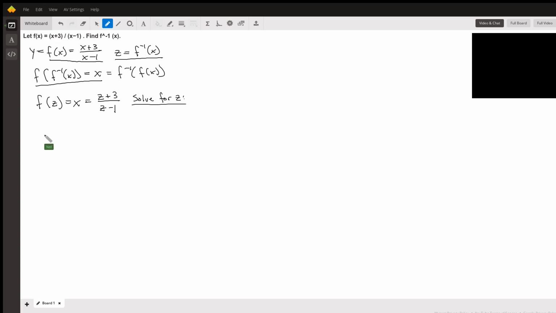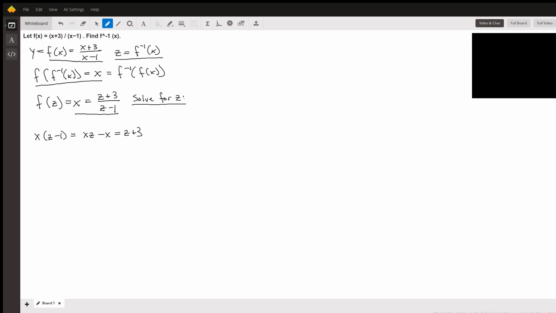What we'll do is multiply both sides of this equation by z minus 1. And then I'll just expand this. So I have xz minus x, and this all equals z plus 3.